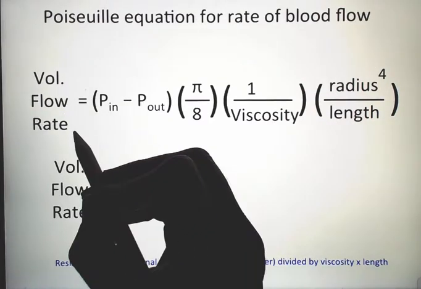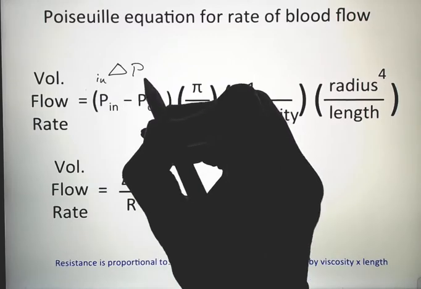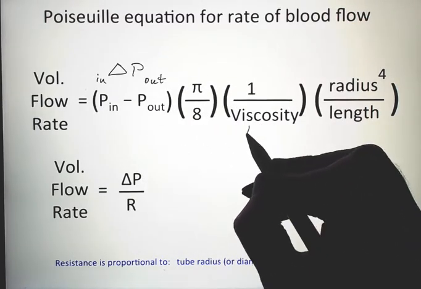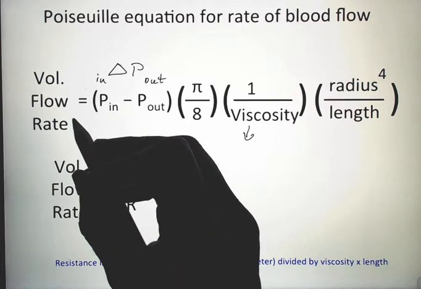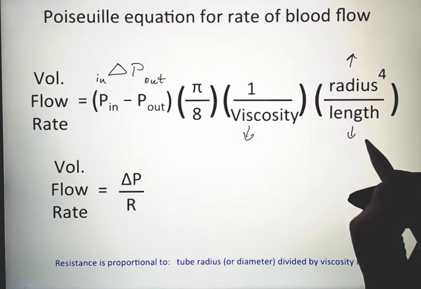So we have the volume flow rate proportional to the change in pressure from in to out. The viscosity slows down the flow rate. The radius increases the flow, and the length reduces it.